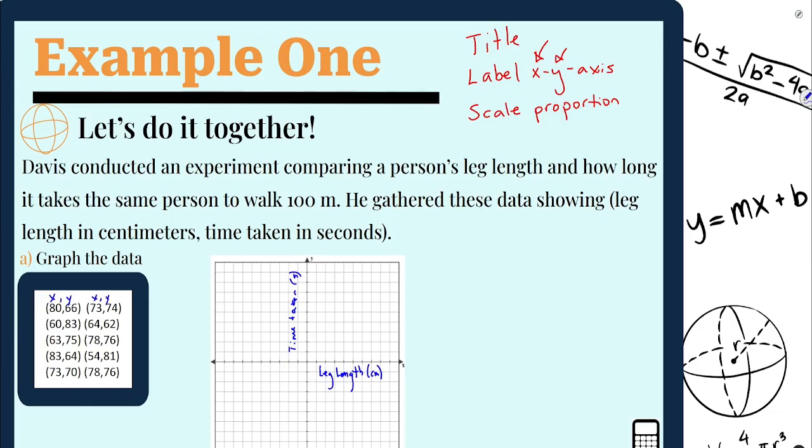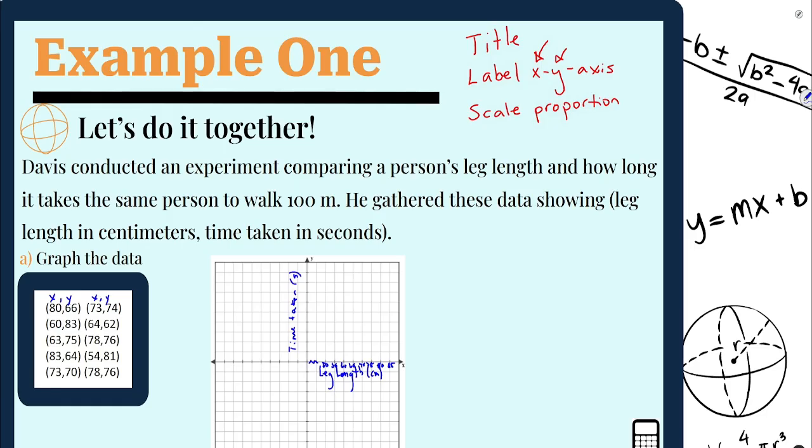So if we look at our x, our lowest appears to be 54. So we're going to do a break in our scale and have 50, and we can go up by 5. Our largest x looks like it's 83. So I'm going to say 55, 60, 65, 70, 75, 80, 85.